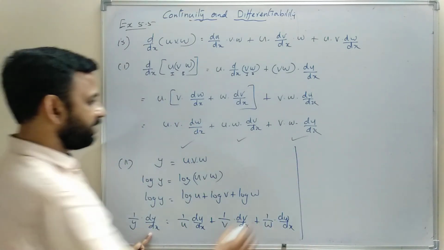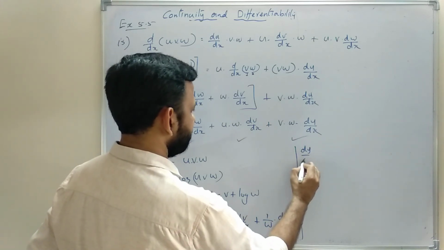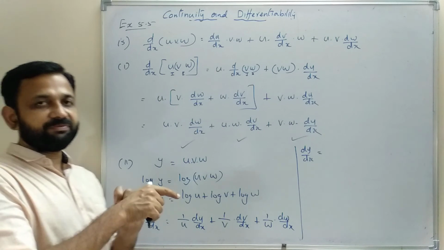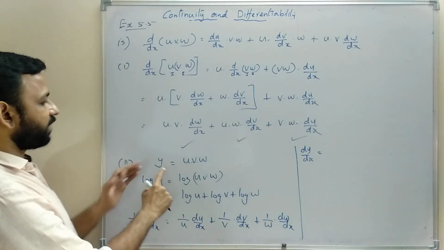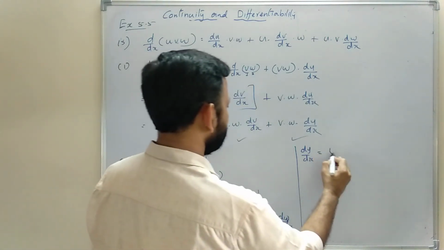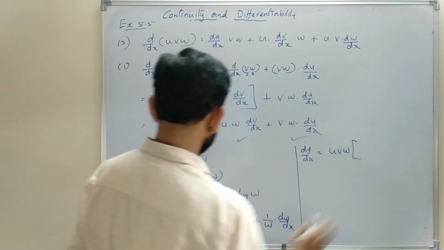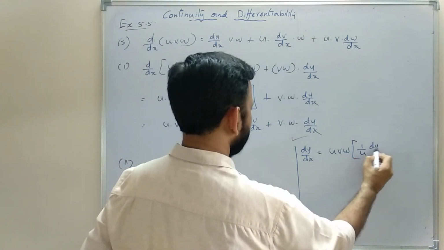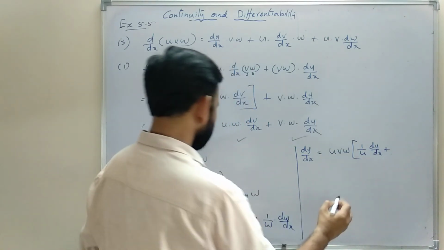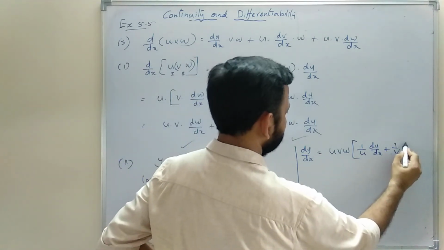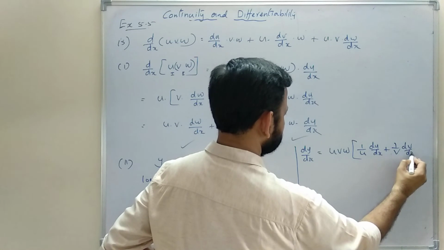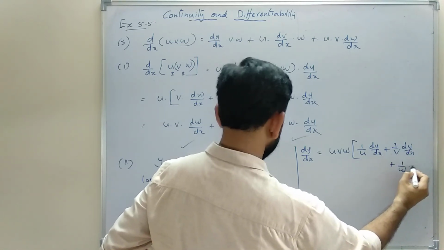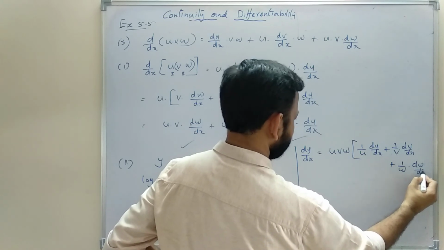Now, dy by dx equals, taking 1 upon y from left to right, y into the expression, and y is u v w, so u v w into 1 by u into du by dx plus 1 by v into dv by dx plus 1 by w into dw by dx.